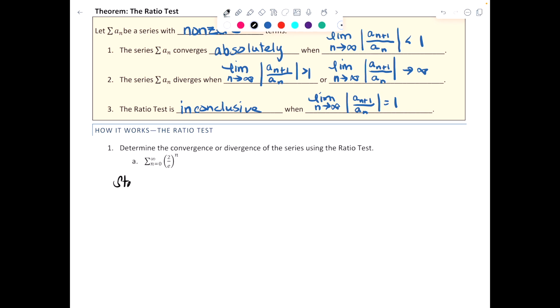So step 1, you name the test. And we're using the ratio test. Step 2, check our conditions.